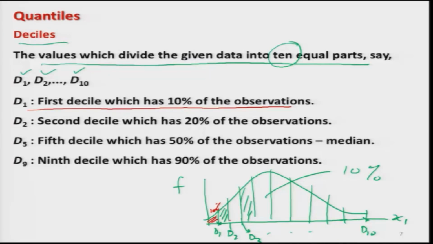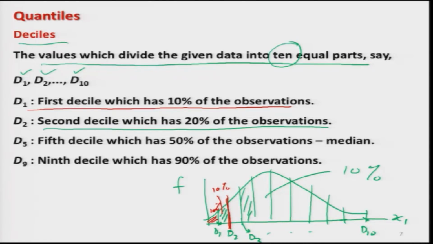Similarly, when I come to the second decile, this is D2, and this takes care of 10% plus 10% of the frequency. So, the second decile is the value of the quantile which has 20% of the observations, or 20% of the total frequency.